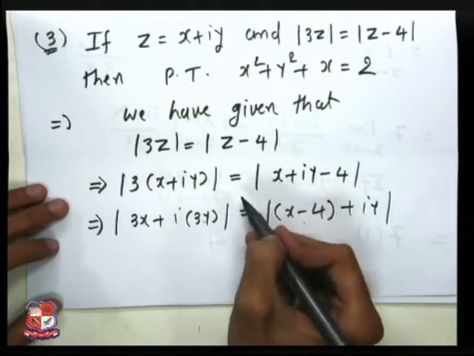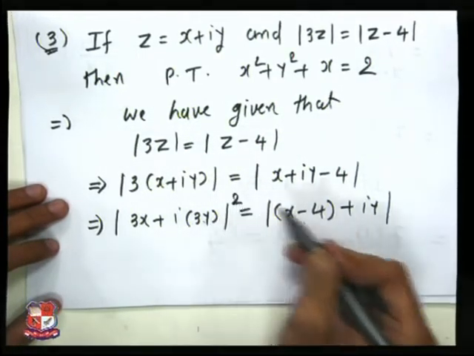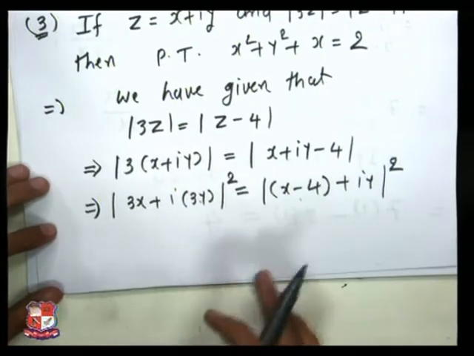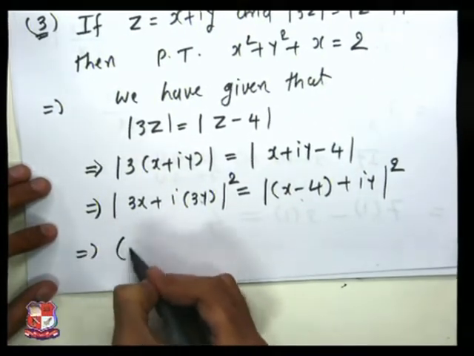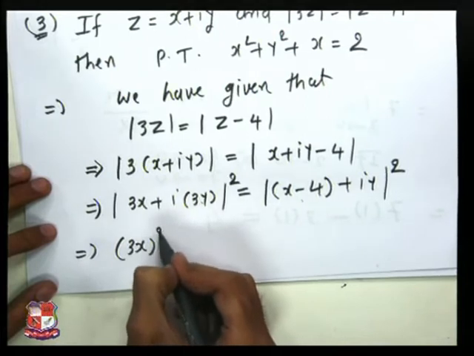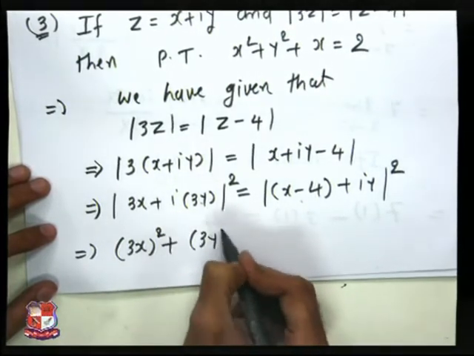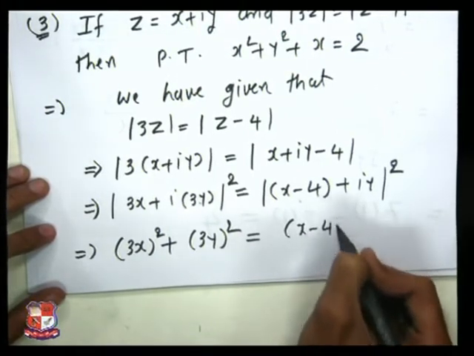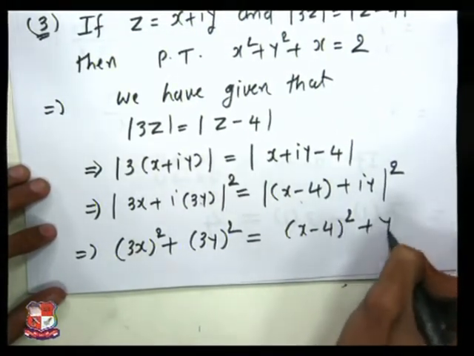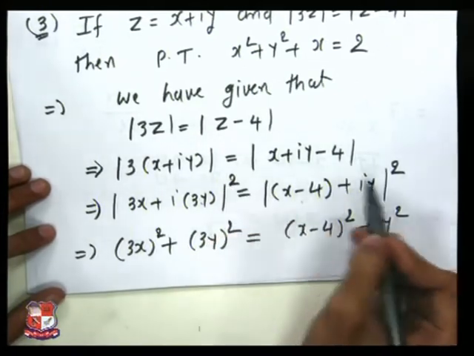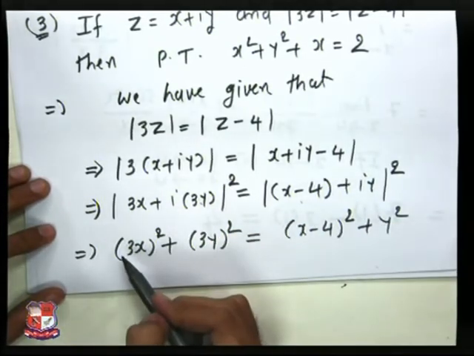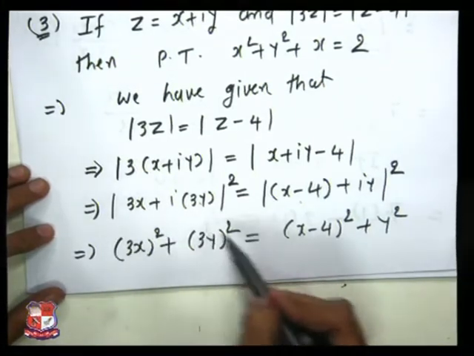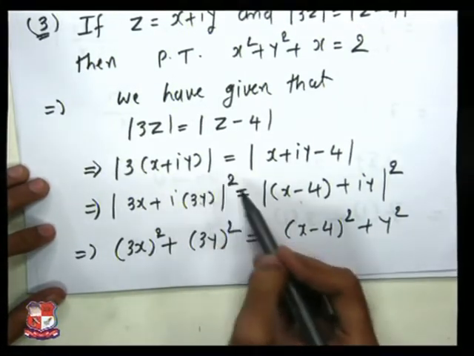If I put square on both sides, then I can remove the under root sign from the modulus. So here I will directly get 3x square plus 3y square, which is equal to x minus 4 square plus y square, because I have put square on both sides. So I did not need to put under root on both sides, because I have taken square here.